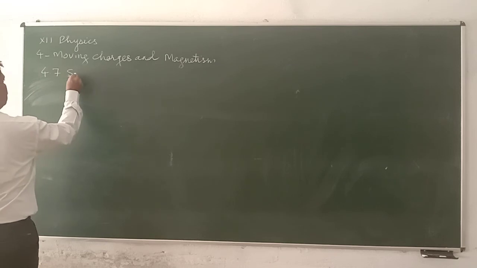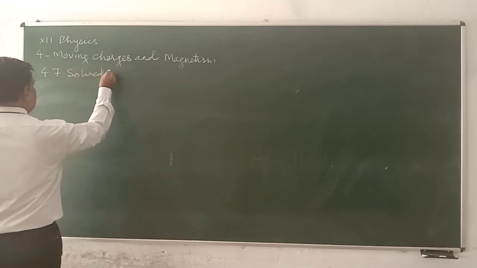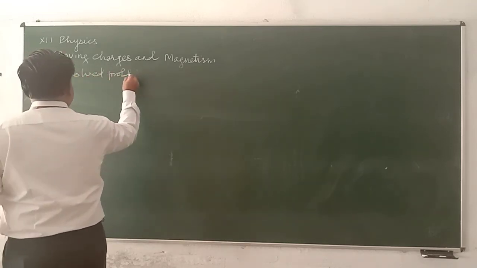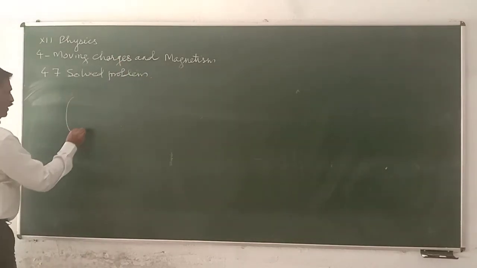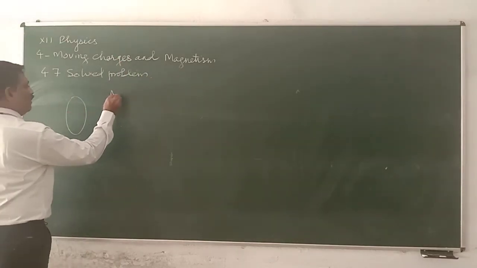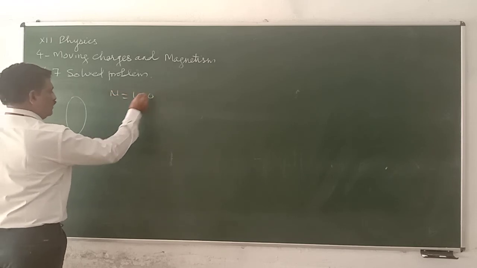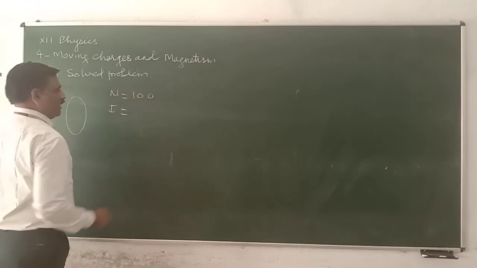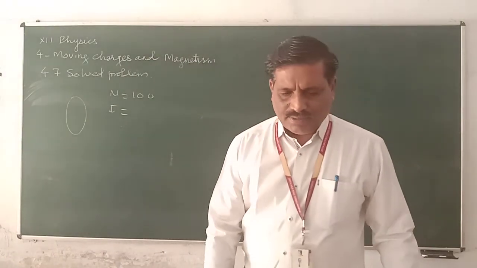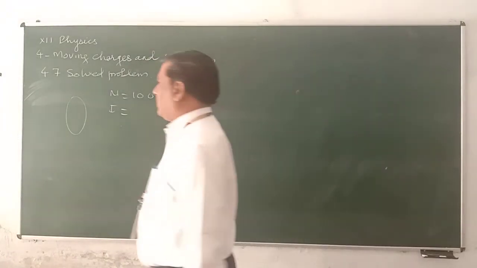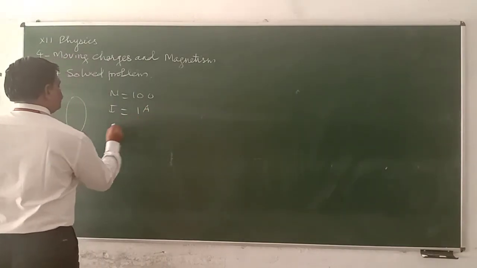This is solved problem 4.7. It's a coil. Number of turns is 100. Current is passing through this. Current is 1 ampere and radius is 10 centimeter.